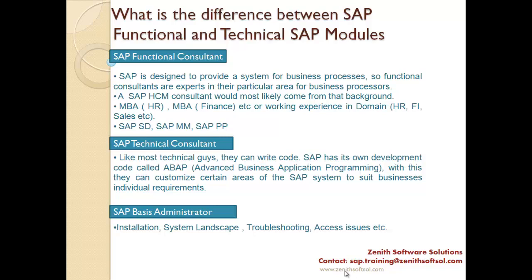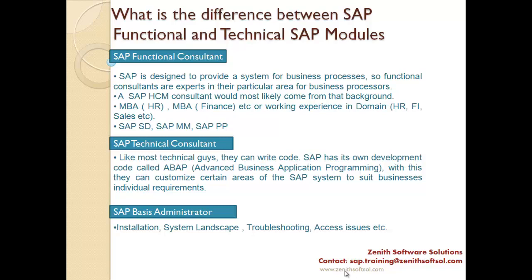For example, take example of human resource. So I have a domain experience. I know about the human resource, like, okay, fine, an employee is hired into the company, he is promoted in the company, he has been terminated, he has been given this much of salary. So I know about the business processes. So I picked up SAP HR module.